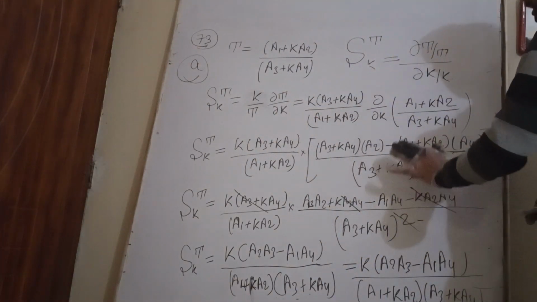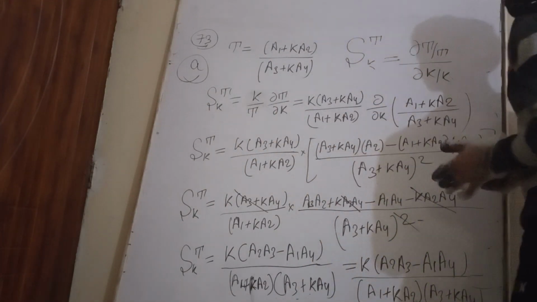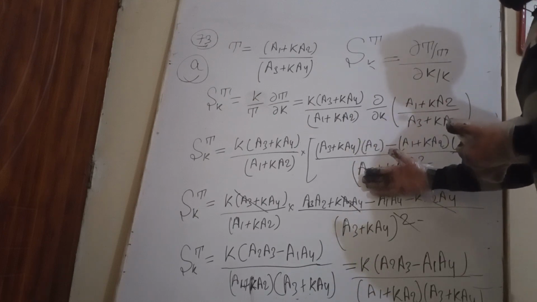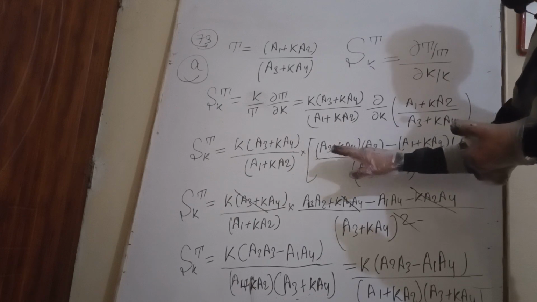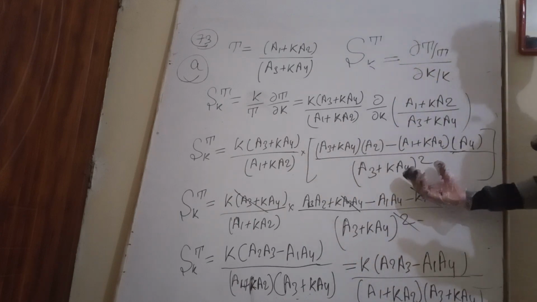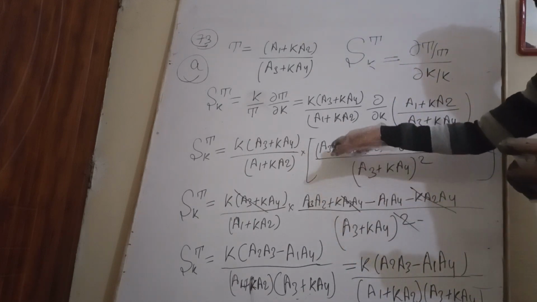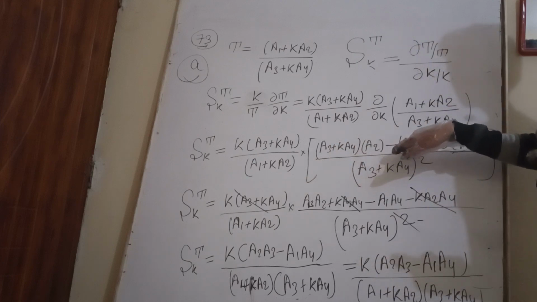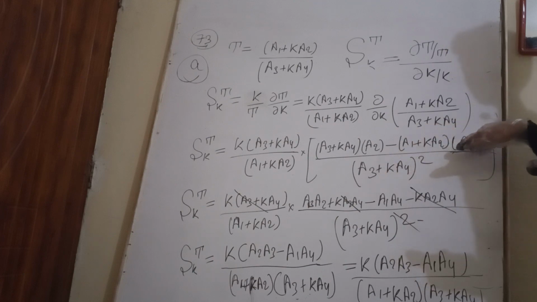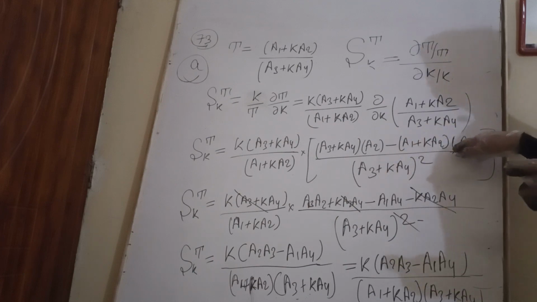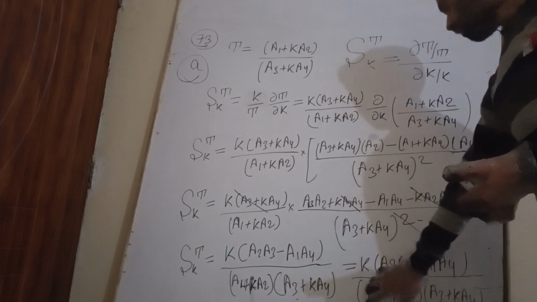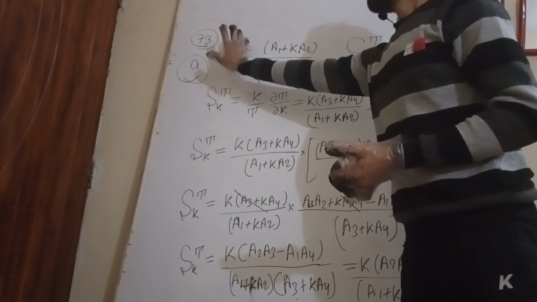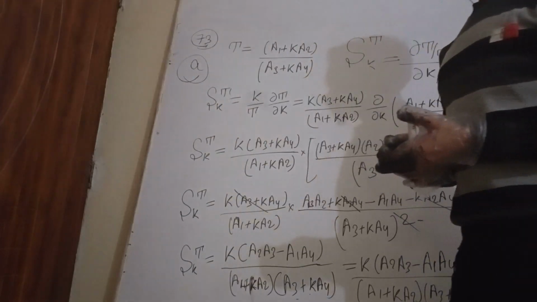There is just a basic concept of differentiation: for a numerator over denominator, always take the square of the denominator, and in the numerator, differentiation of numerator times denominator minus numerator times differentiation of denominator. We have got this answer and it matches option A, and hence for question number 73, option A is correct.